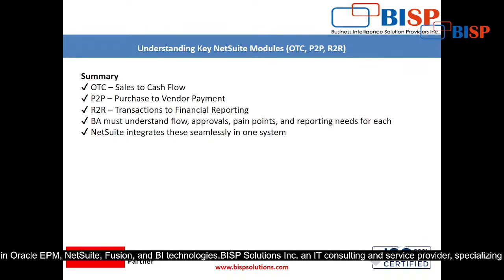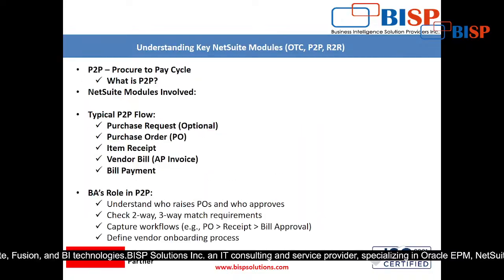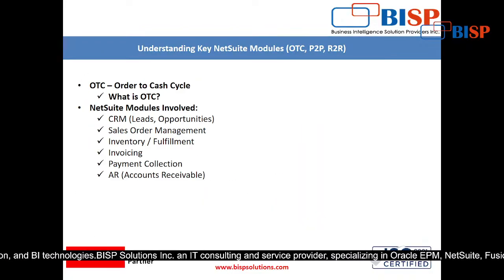So guys, today we have seen the order to cash process, O2C. Let's have a quick recap. O2C means order creation to invoice generation, and everything is given in this module itself.